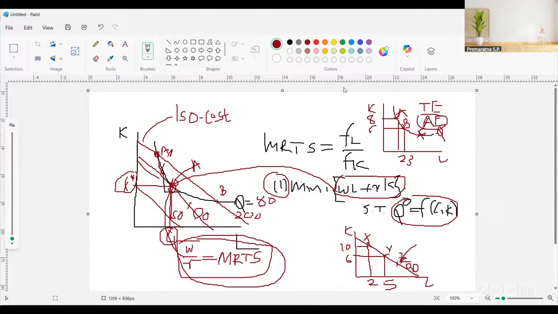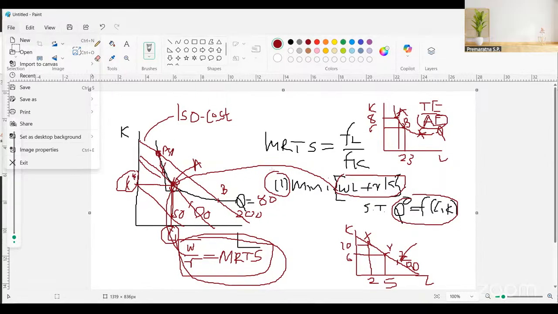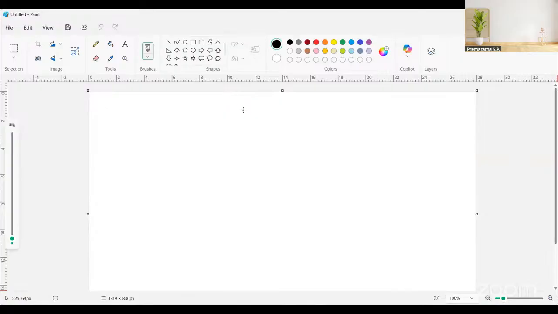Now, this is one way producers may think, trying to minimize cost given a budget. The producers either minimize cost or they try to maximize output. Maybe that is the second way, maximization. Some producers may think of maximizing output.